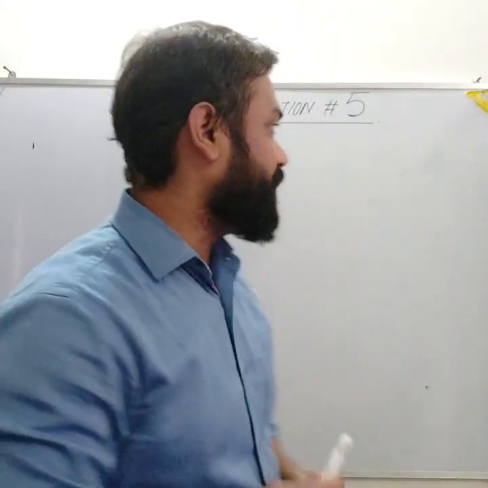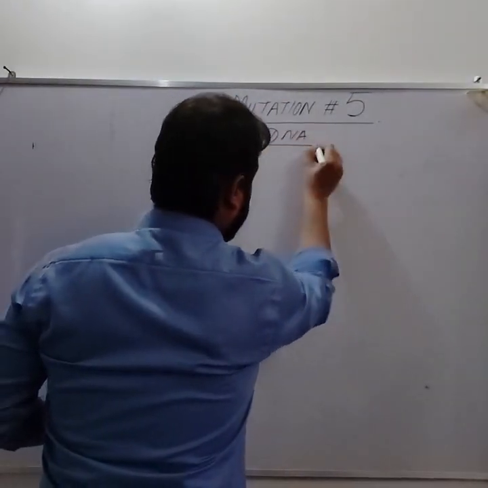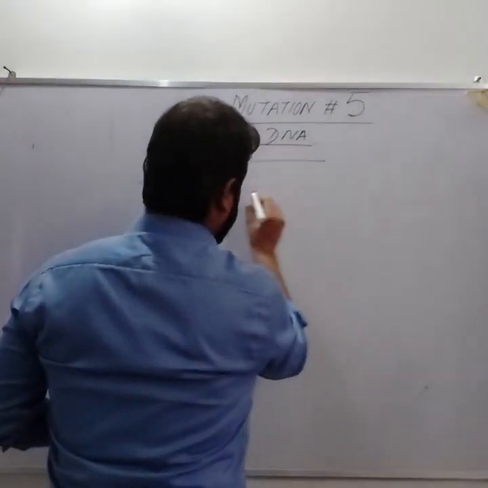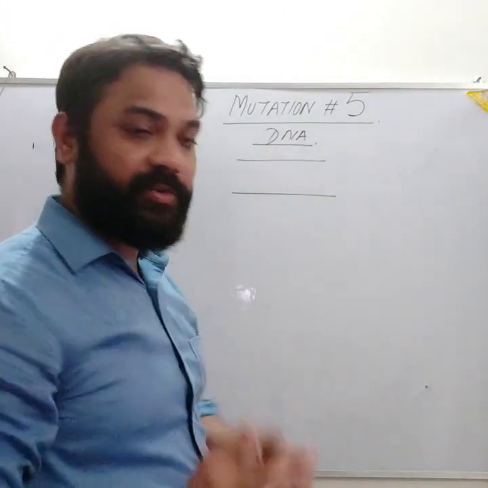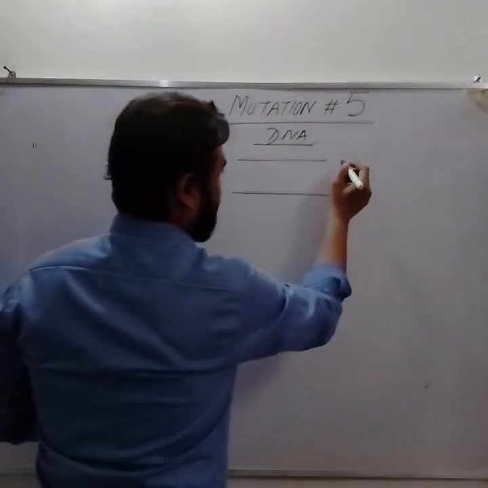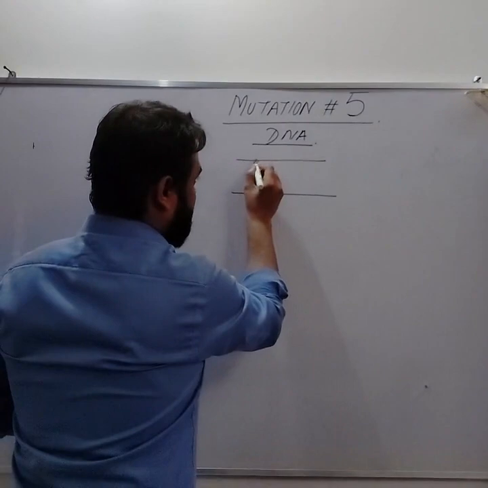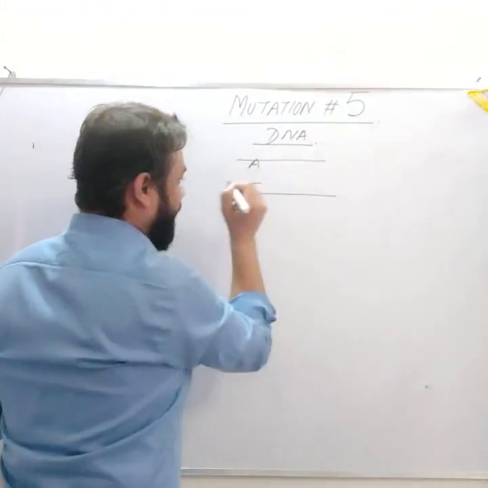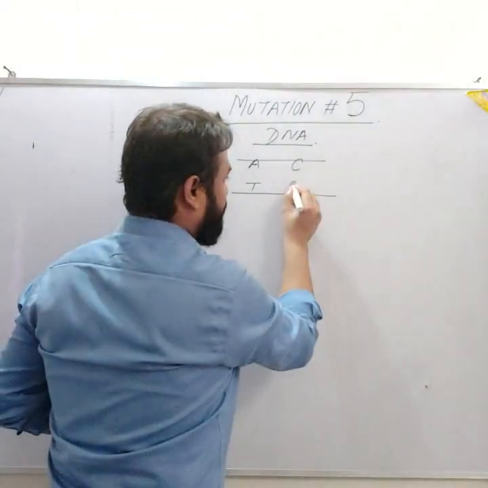Few points to remember. For example, if we talk about the structure of DNA, as you already know, it exists as a double-stranded structure. We are not drawing the double helical structure, for simplicity. Suppose I have two strands of DNA. Adenine pairs with thymine, and cytosine always pairs with guanine.